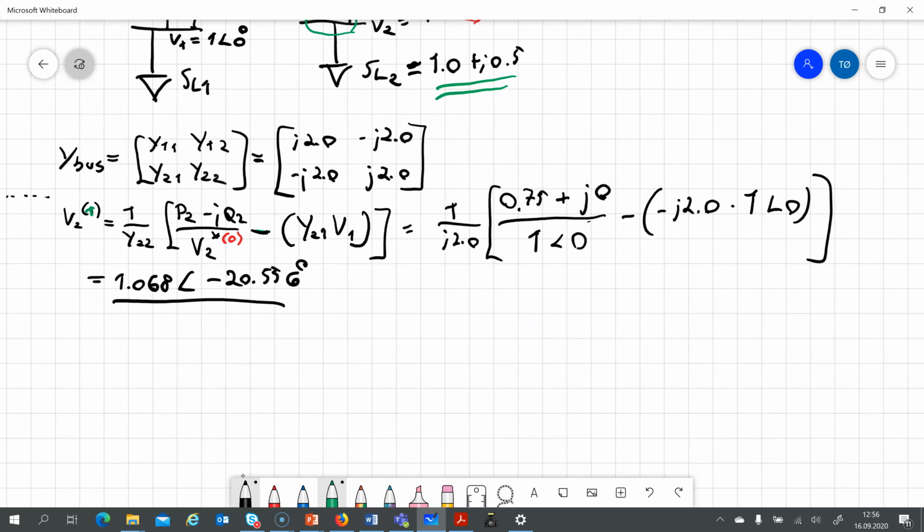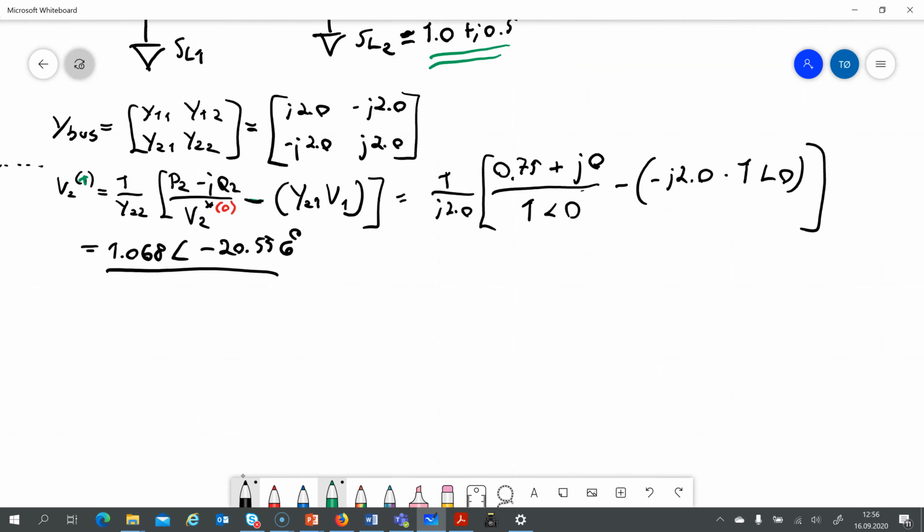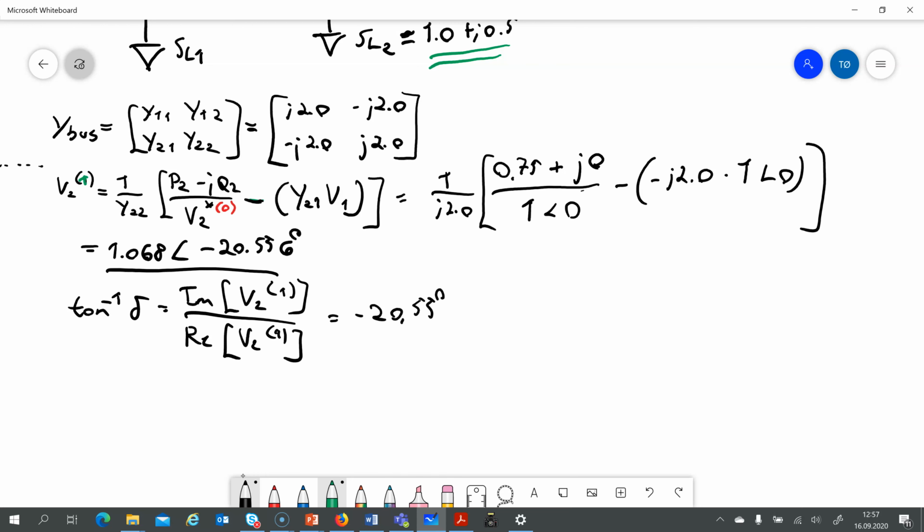We could also from this calculate the angle from this relationship: the arctangent of the imaginary value of V2 divided by the real value of V2 gives minus 20.55 degrees.